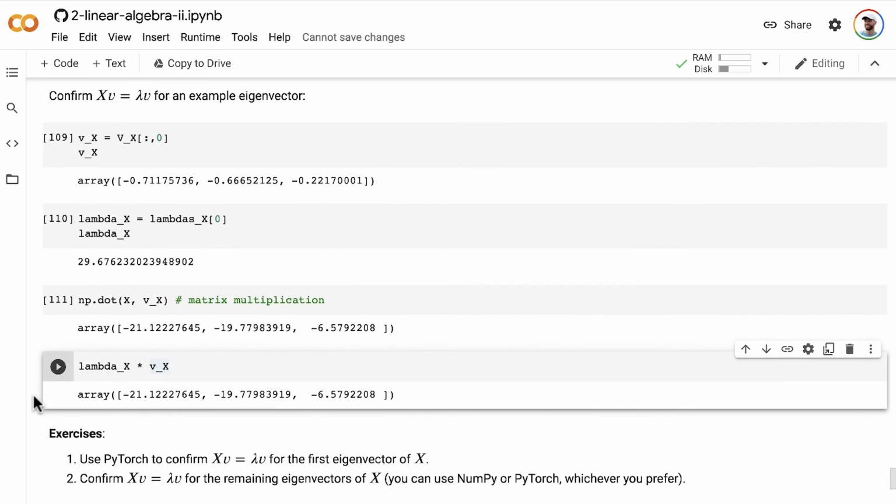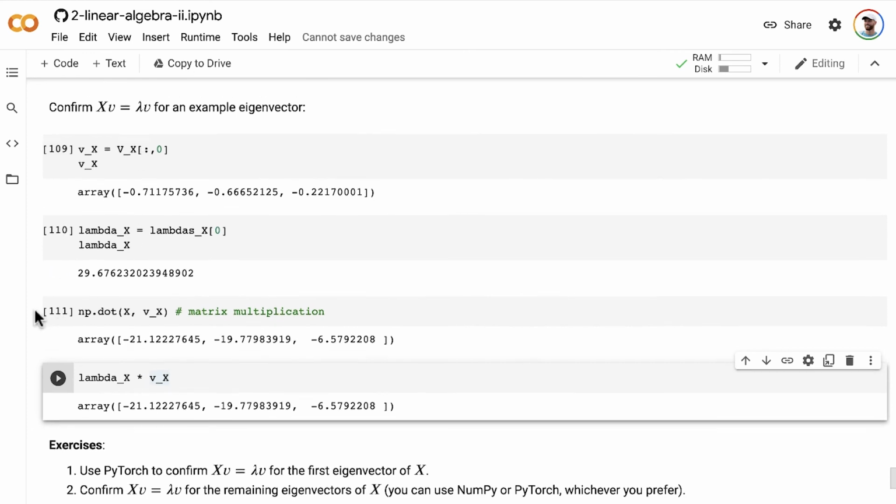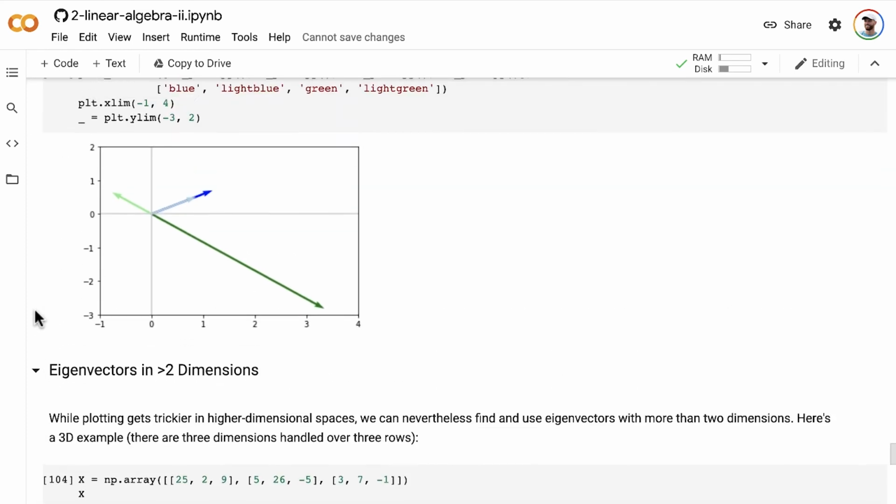All right, so now as comprehension exercises that I recommend you carry out on your own time, you can use PyTorch to confirm that Xv equals lambda v for the first eigenvector of X. So you can repeat the same operations that we did here, but now using PyTorch like we did earlier.